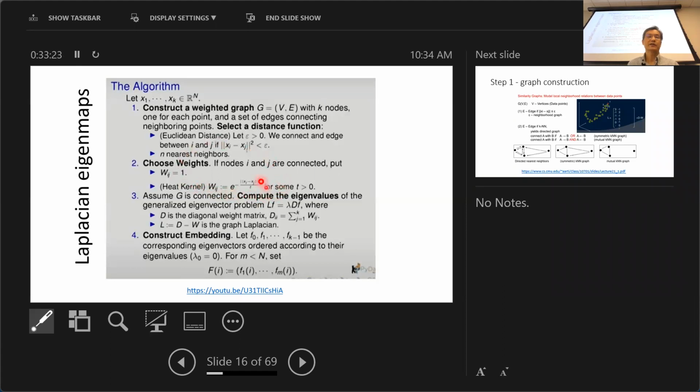You can use KNN, okay? Then once you have this transformed W matrix here, we can compute the degree matrix, okay? We can compute the Laplacian matrix.